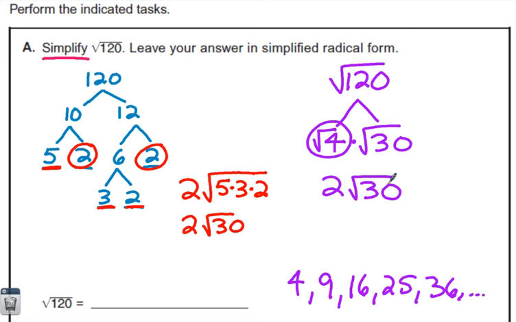So the whole idea with simplifying the square root is that at least I was able to take the square root of something. I took the square root of 4, and that just became a 2. Either way, you get a final answer of 2 root 30, or 2 times the square root of 30.